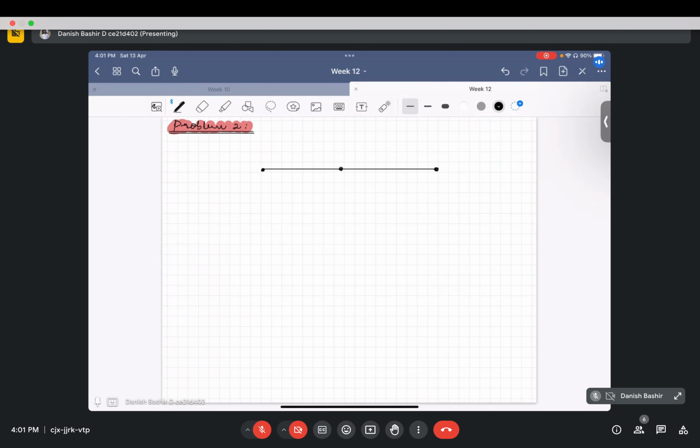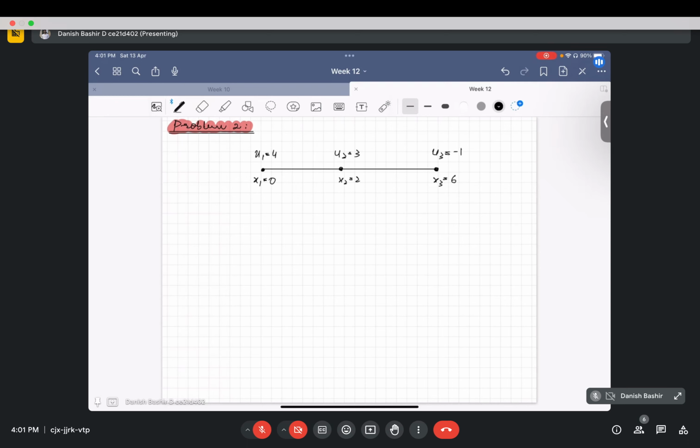We are given the nodal coordinates x1 equal to 0, x2 equal to 2, and x3 equal to 6. So it's a little bit spaced, spacing is not equal, and the nodal values are u1 equal to 4, u2 equal to 3, and u3 equal to -1.